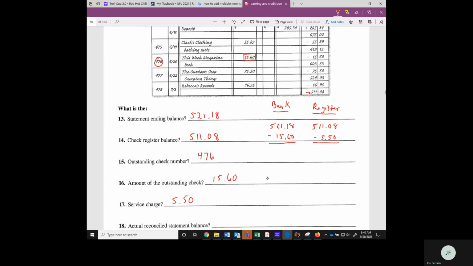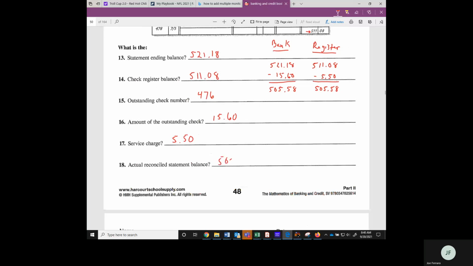We do the subtraction for both. This gives us 505.58, and so does this, 505.58. So our final answer, 505.58.